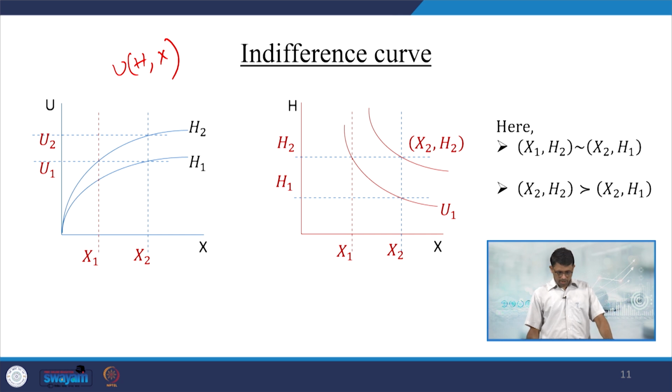The indifference curve states that all combinations of products on the same indifference curve on the utility map derive an equal level of satisfaction. Therefore, you can read here h1 h2, that means this point x1 h2, which I am highlighting, is equivalent to x2 h1.